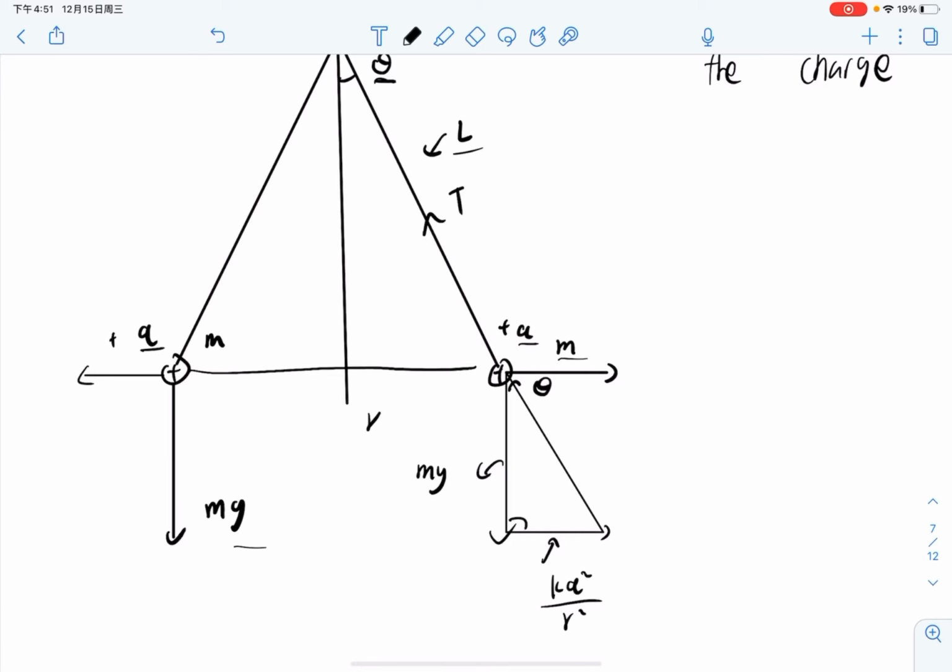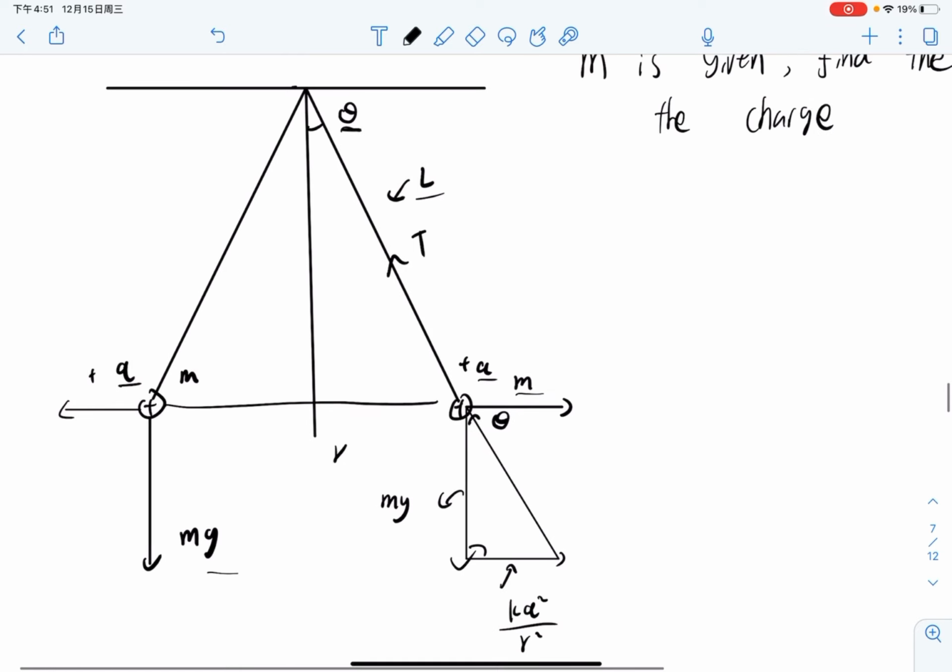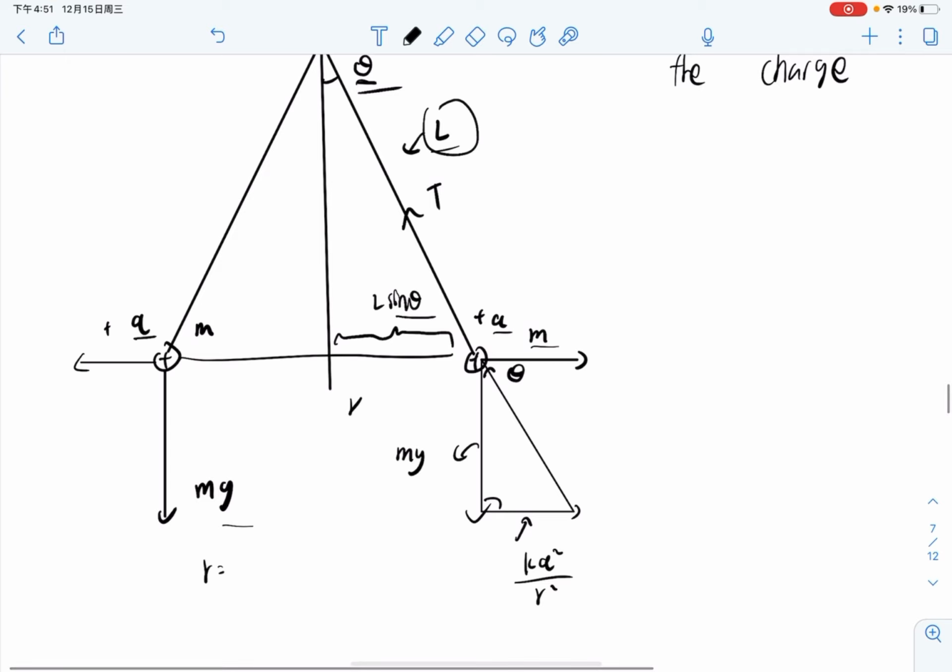For r, we know that this side is just L times sine theta. And so now r is equal to 2L sine theta.